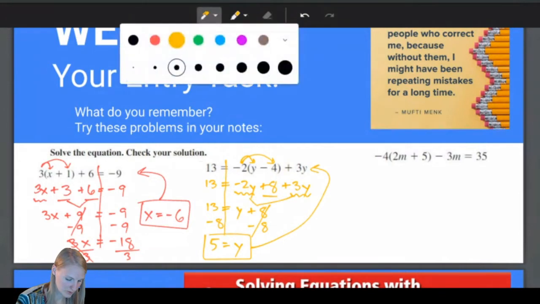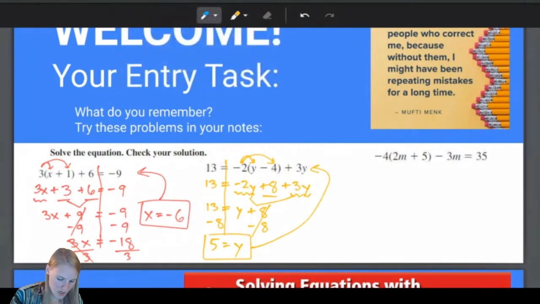Okay, last problem. Parentheses first. We have 4 times negative 4 times 2m is negative 8m. Negative 4 times positive 5 is negative 20 minus 3m equals 35.